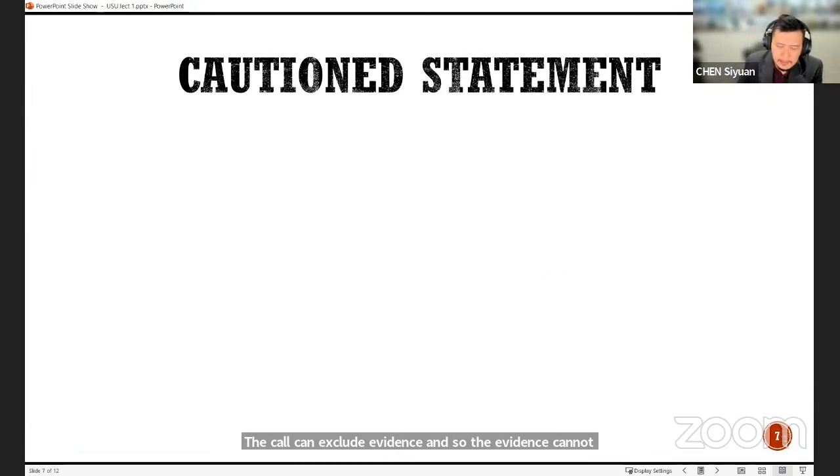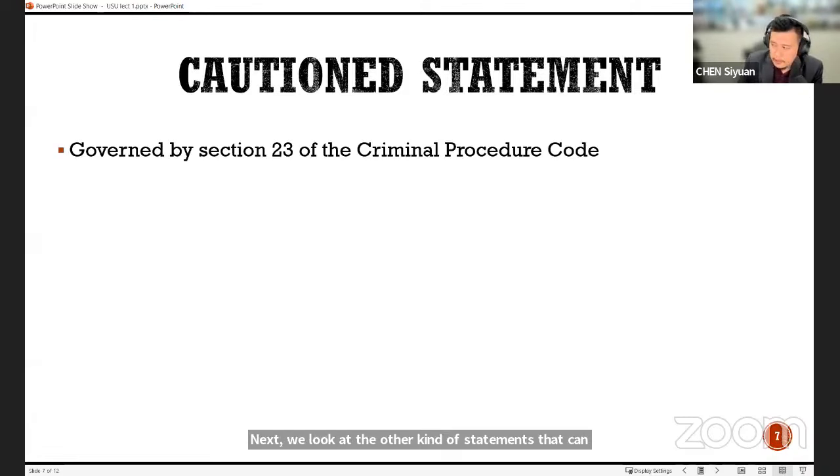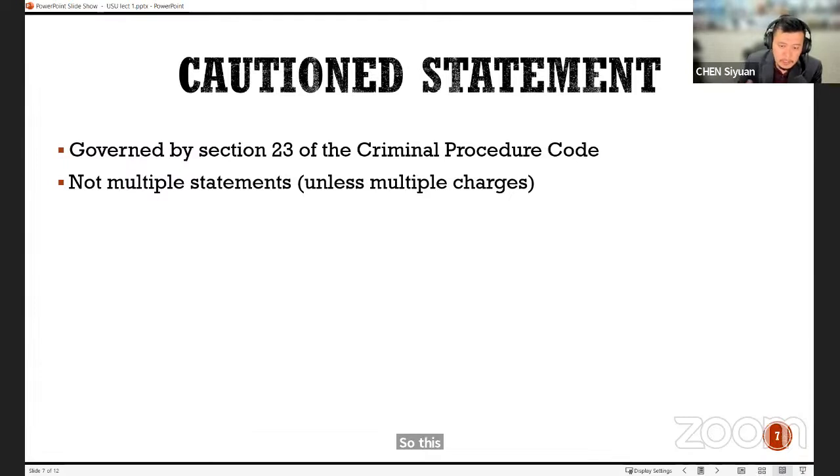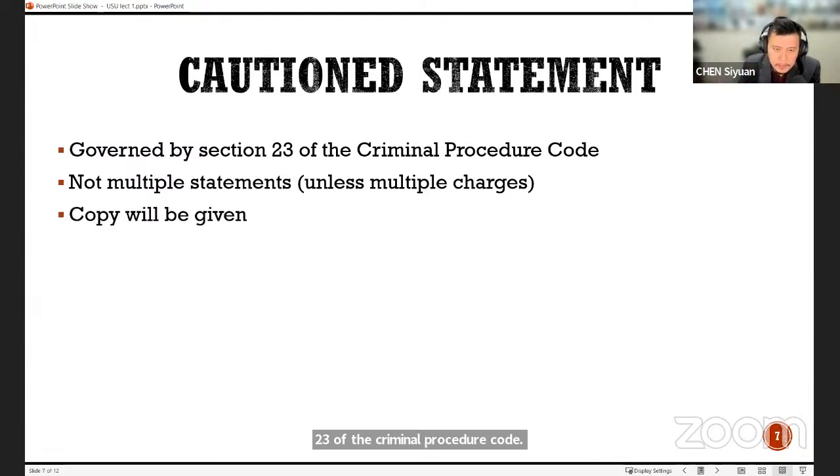Next, we'll look at the other kind of statements that can be extracted from accused persons, which will be the caution statement. So this is governed by Section 23 of the Criminal Procedure Code. And unlike the long statement, unless the person has been charged with many different crimes, it will just be one statement.